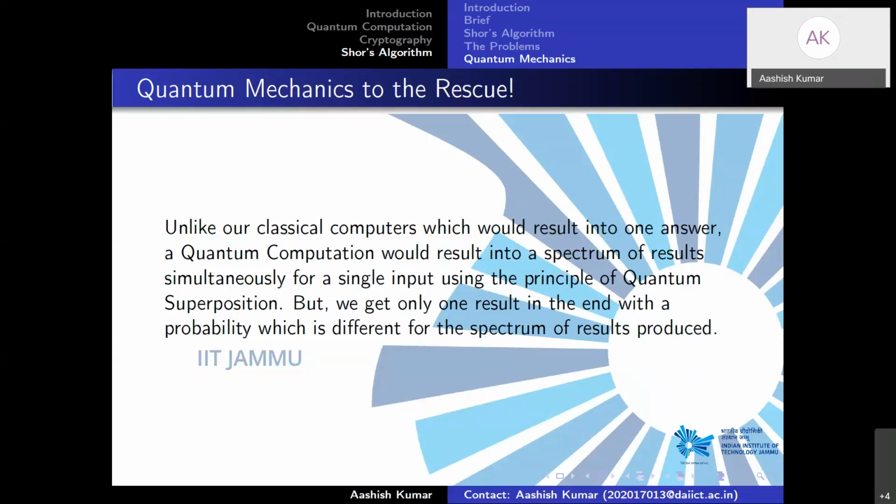The spectrum of results would be produced and arranged in such a way that all the irrelevant elements of the result set would destructively interfere with each other and cancel out, and the answer that we'll get would be the correct answer that we require.